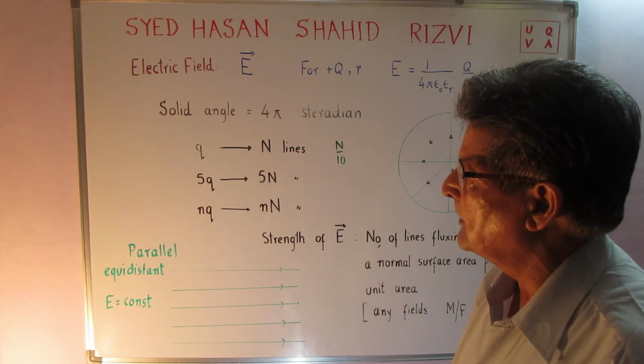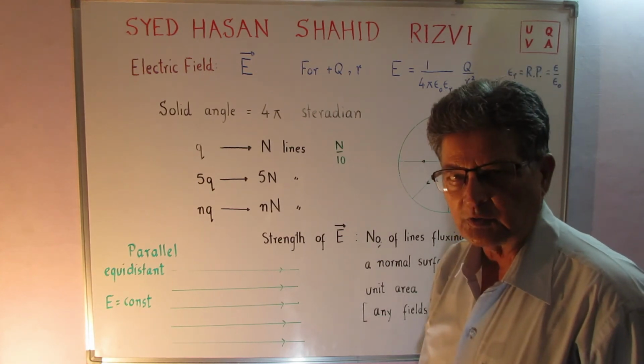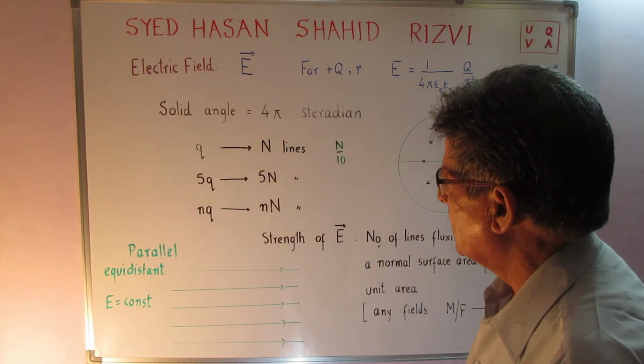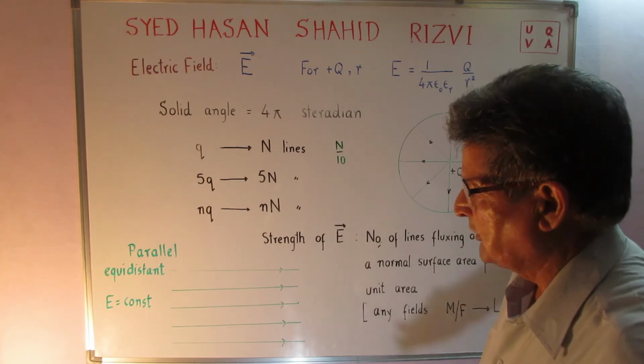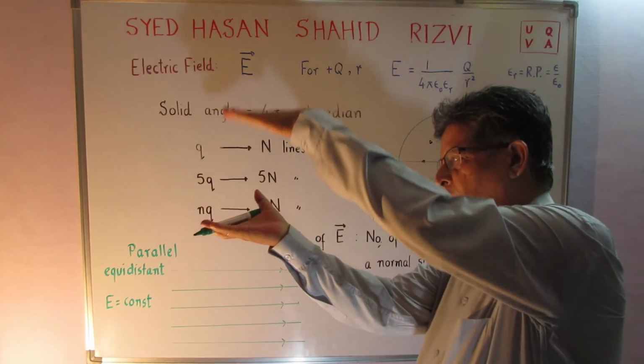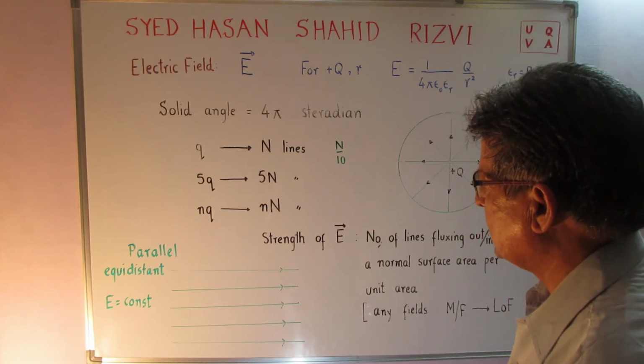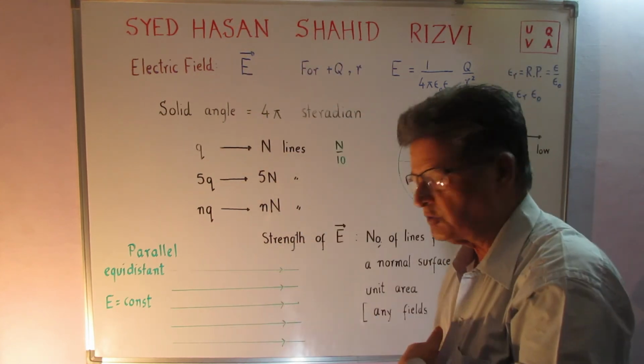Like in the case of capacitors, we'll see that parallel lines are there and the electric field is same all over the distance between the two plates. Okay, it's the same from one end to the other end, from the positive to negative, of course. I will tell you that.